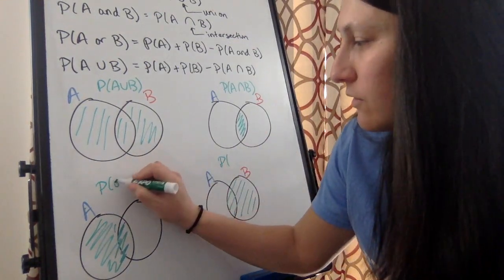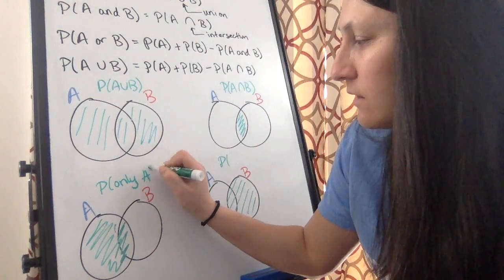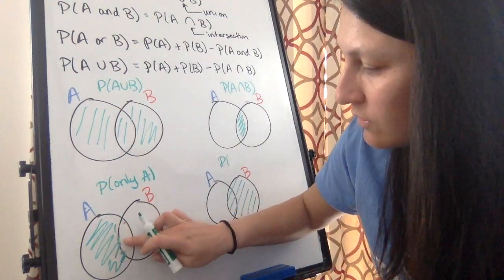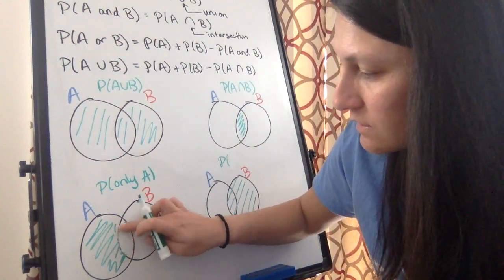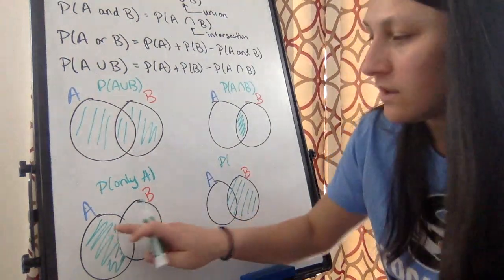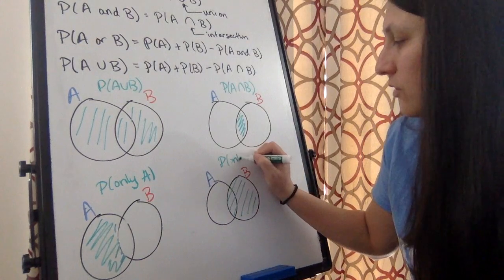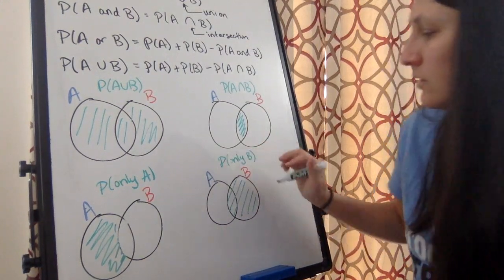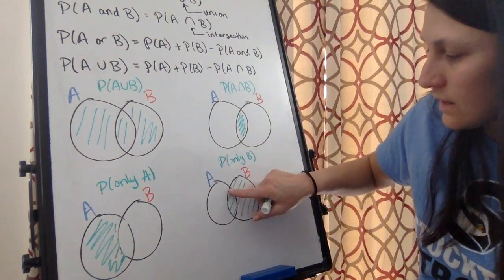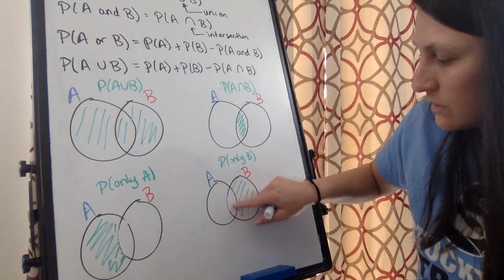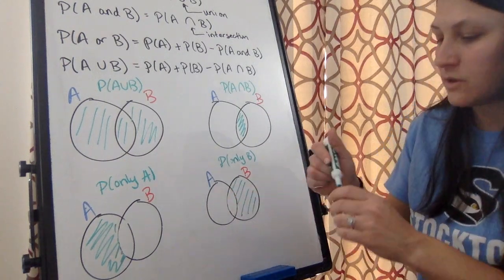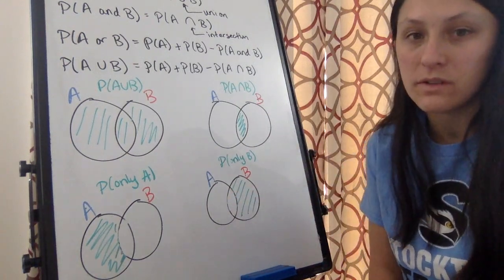The probability of only A would mean only the things in A, not the things that are in both A and B. And over here, the probability of only B would be only the things in B, not the things that are in both. Okay, so I wanted to make sure you have all 6 of those in your notes.